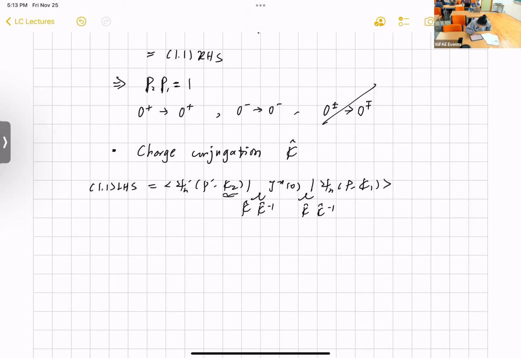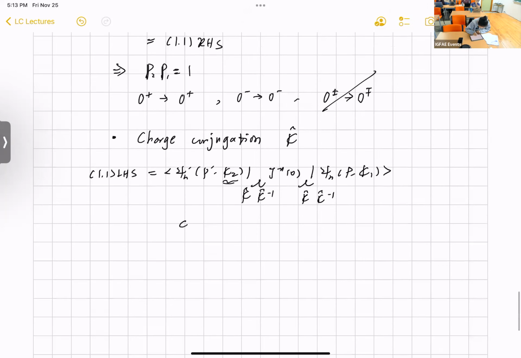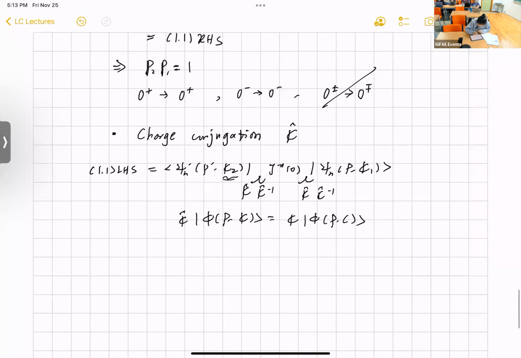The charge conjugation operator, when it acts on a state with a specific charge conjugation, will give us the conjugation of the state. Okay, and it does not change the momentum, unlike the parity one.